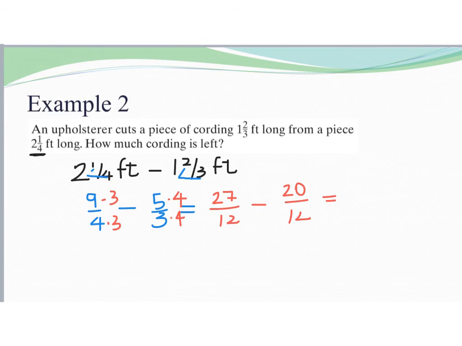And again, my denominator is going to stay in twelfths, and I will just subtract 27 minus 20, which will give me 7/12, and my unit is feet. And in this case, there's nothing I can do to simplify that, so I'm just going to leave it as is.